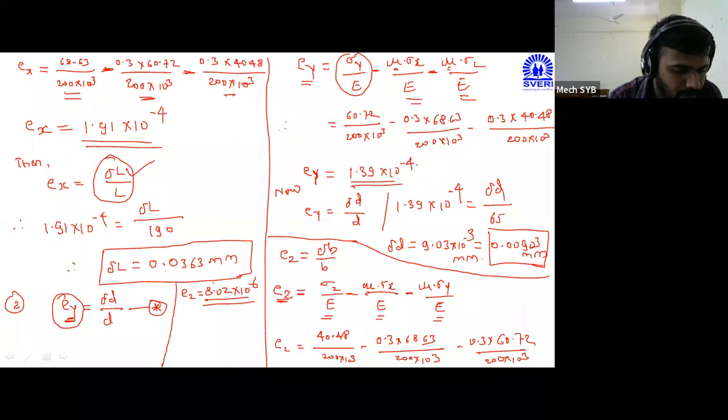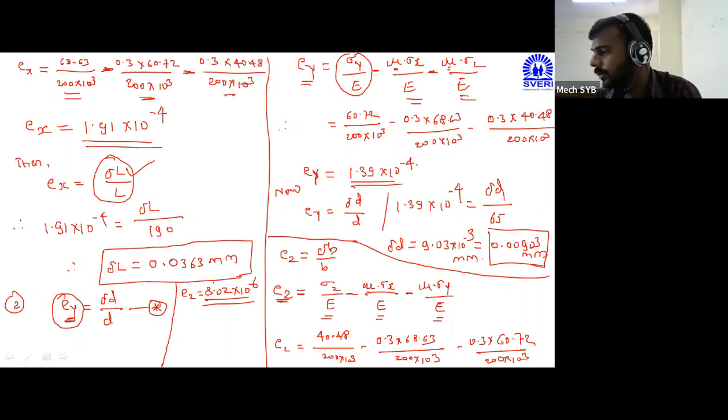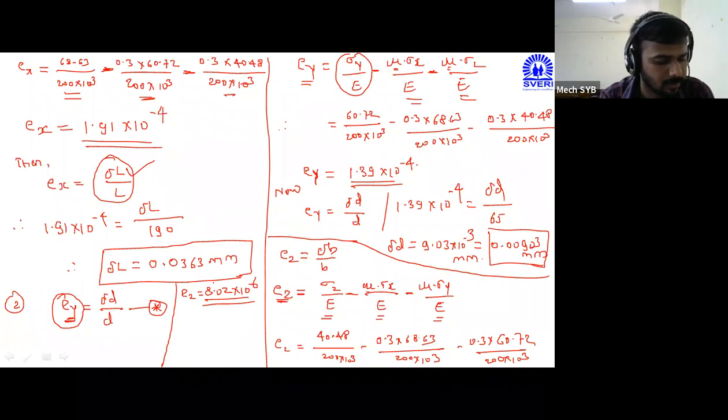This is different, epsilon z. Srihari, please check your answer. I think this is the calculation of only the last term. 8.37 or 8.02, that answer will be correct.